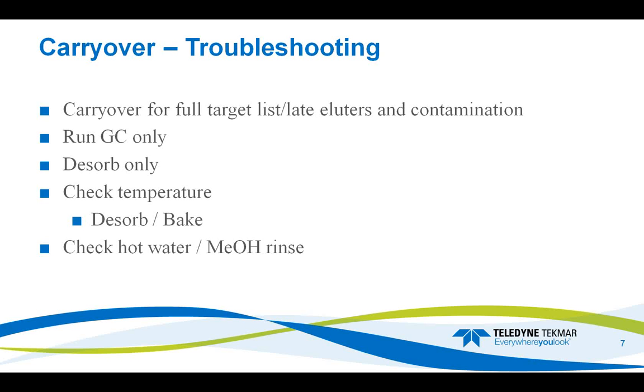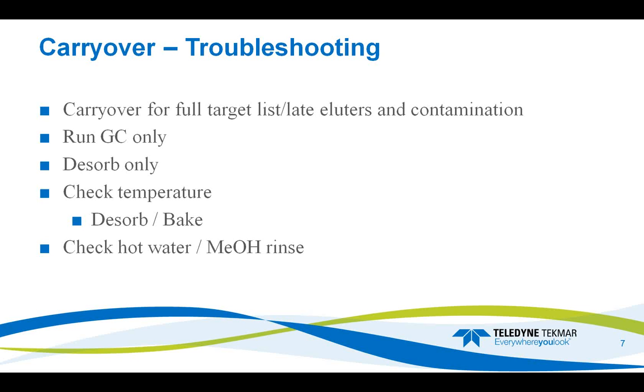So the first and easiest one to eliminate would be the GC. Immediately after running a high concentration standard, we could run the GC only with no desorb and see if we see our target compounds come through then. If we do, then we know we have an issue with contamination in either our inlet or our column in the GC.